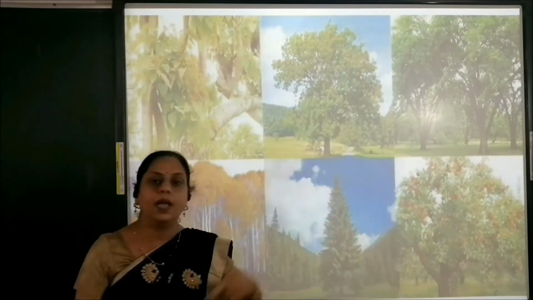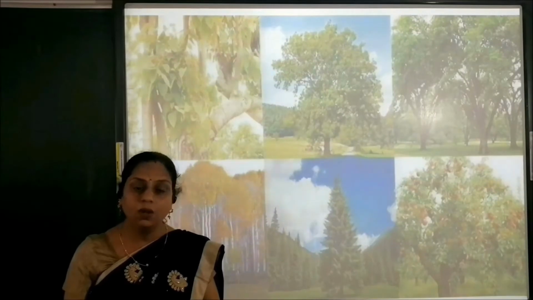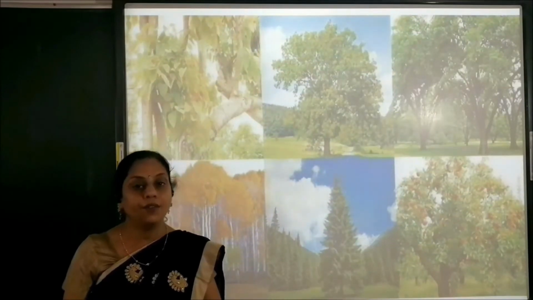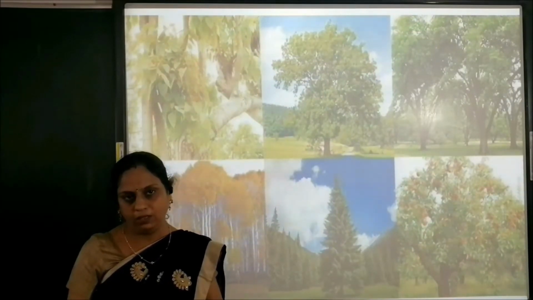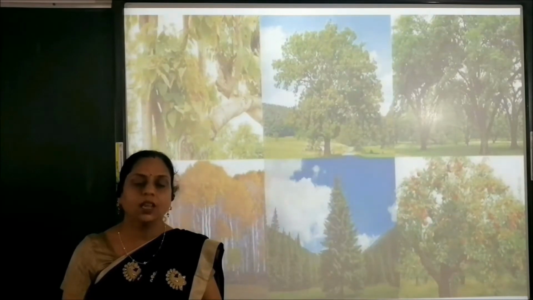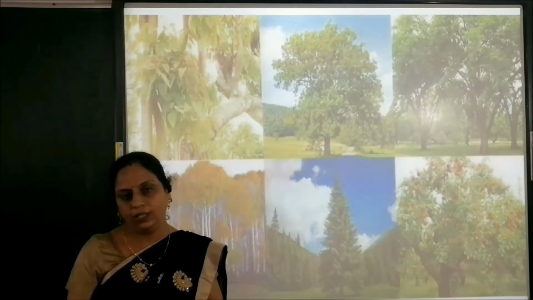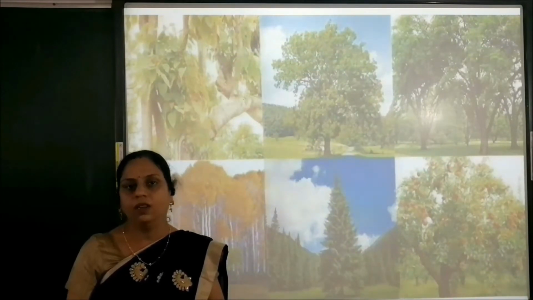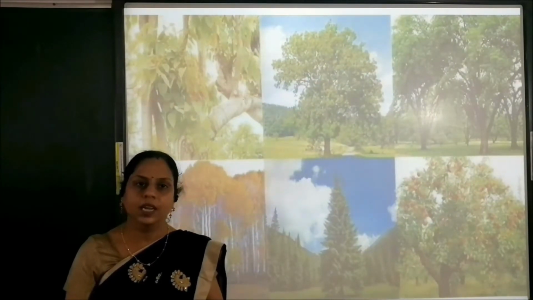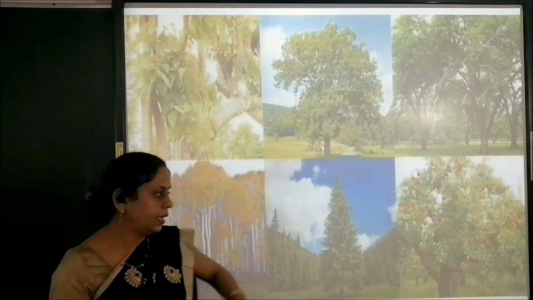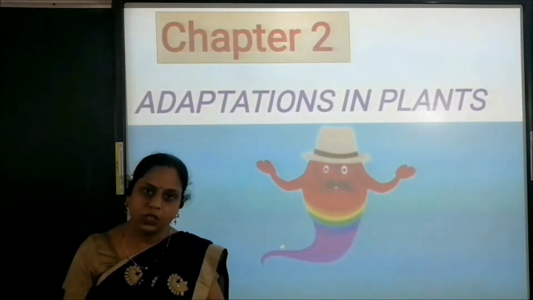Some trees bear fruits. So, different trees have different types of features. What are the features that make one tree different from another tree? This is what we are going to study in this chapter 2, that is adaptations in plants.